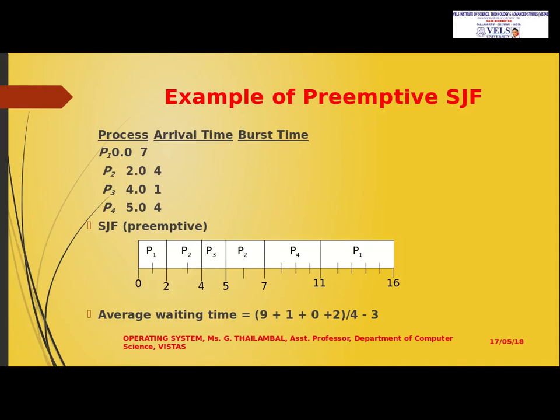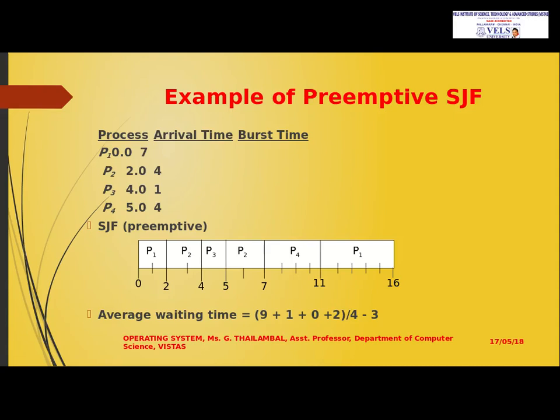Because of the preemptive method, we have to check the shortest burst time, whether P1 has it or P2. P1 still needs 5 burst time, and P2 needs only 4. Obviously P2 is shorter, so we move P1 back and P2 is allocated at the second millisecond.